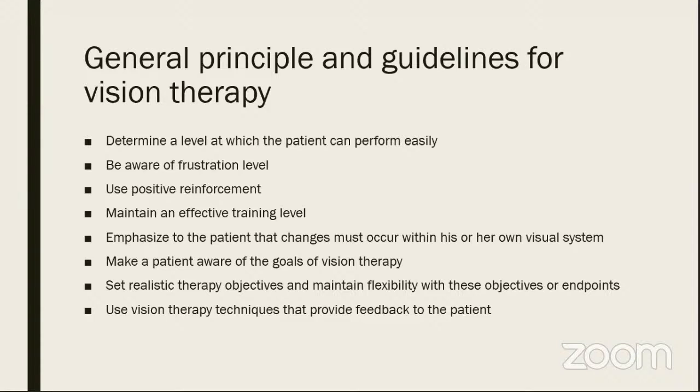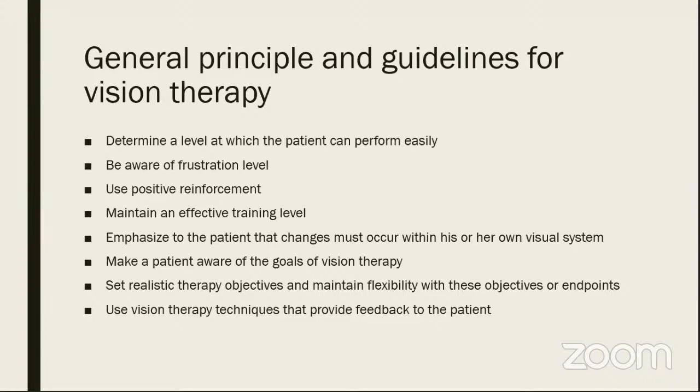The next thing we have to make the patient aware of is that it's not a one-time thing. It's a matter of practicing the activities; on the same day we'll go for different activities. Practicing different activities improves the visual efficiency and skills of the patient. That should be discussed with the patient first.